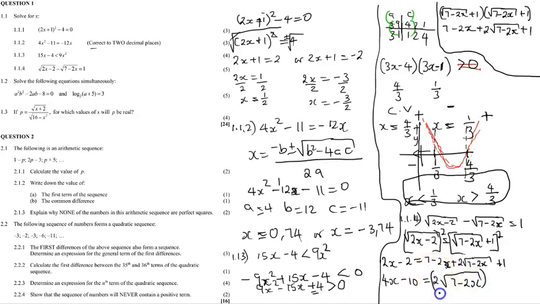Now we square again to get rid of this guy. Or we can actually just get rid of these two to simplify things there. Now, how is this going to be? It's going to be 2x minus 5 equals root of 7 minus 2x.